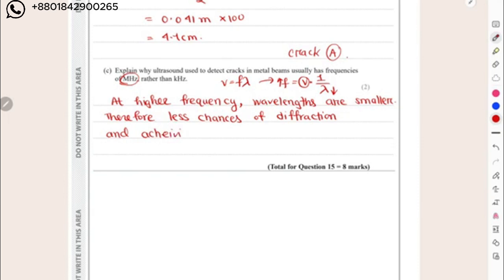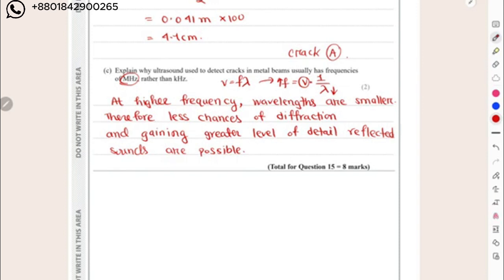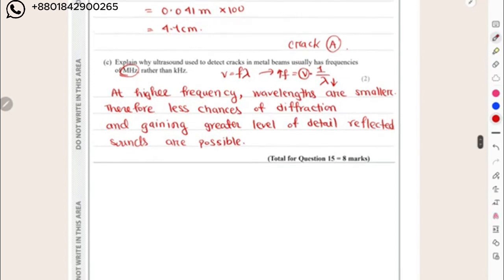I'm sorry, I forgot the spelling for achieving, so I'll just write gaining. Okay, less chances of diffraction and gaining greater level of detail reflected waves are possible. Okay, so this was for question 15C.